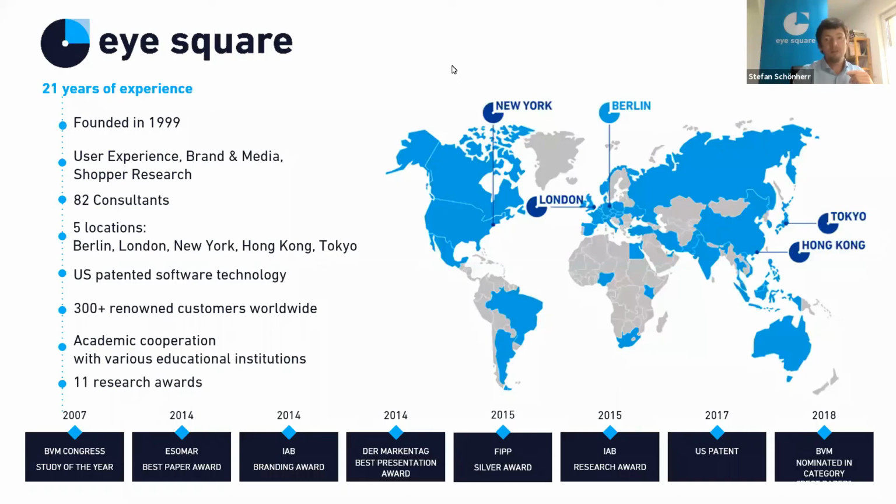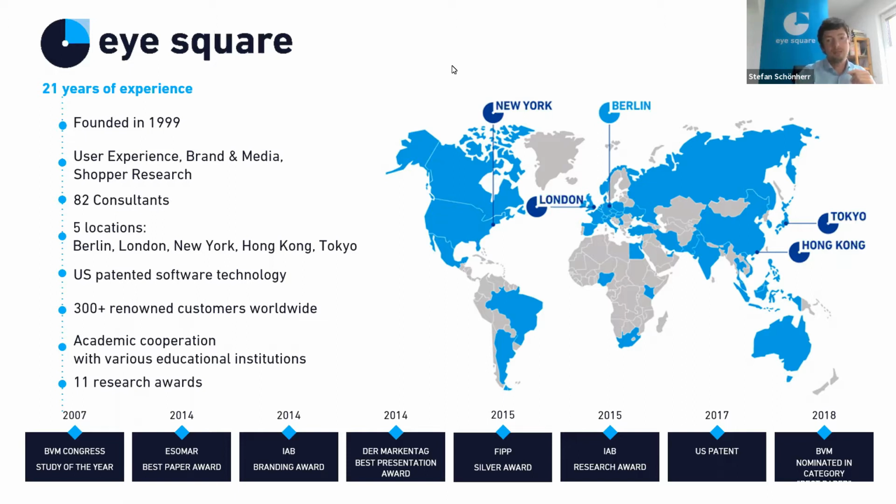To start with iSquare, we are in the market now for 21 years, founded in 1999. Apart from our unit, the brand and media unit, we have two other big units that are working in the field of user experience and shopper research. We are 82 consultants. Apart from our headquarters in Berlin, we have offices in Tokyo, Hong Kong, London, and New York.